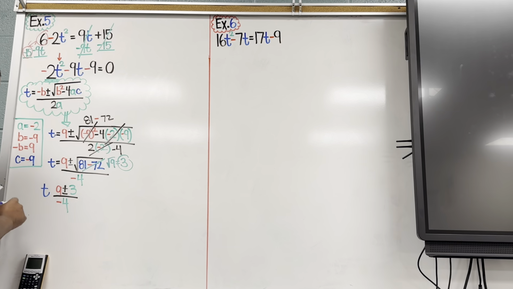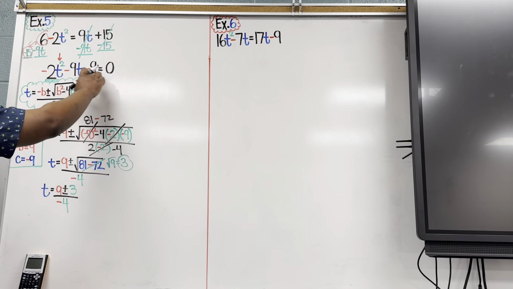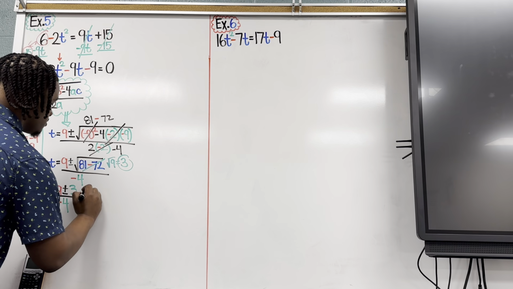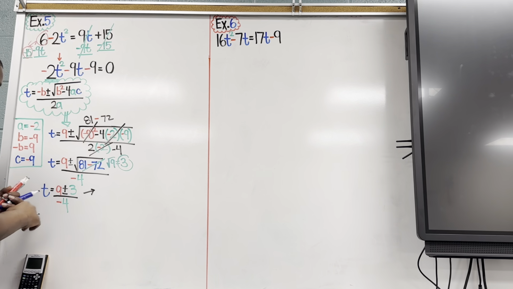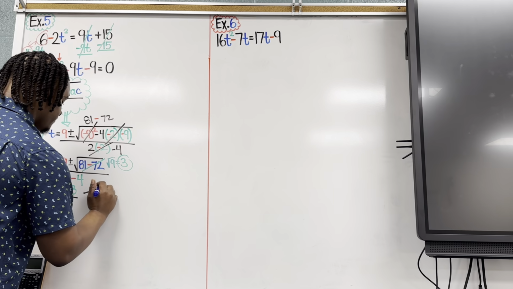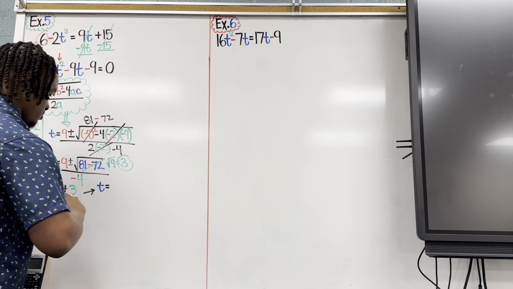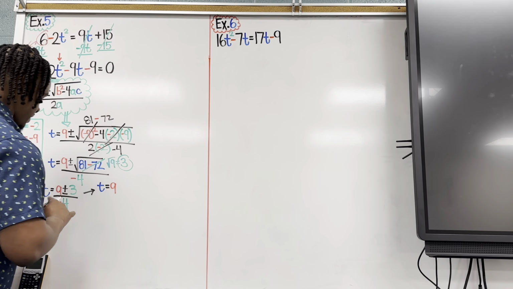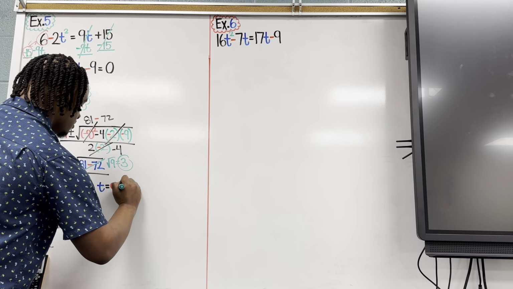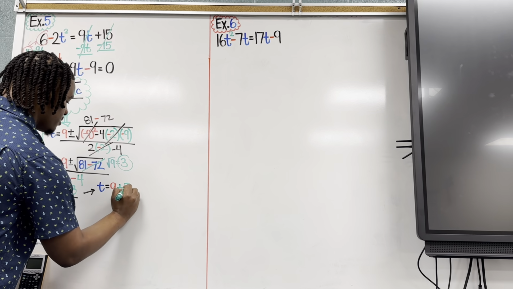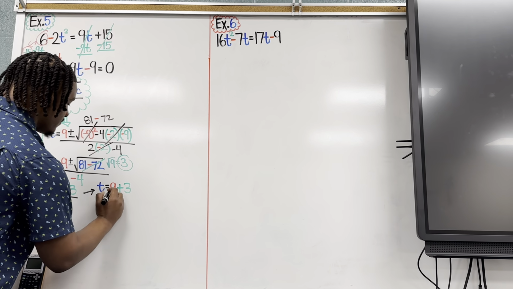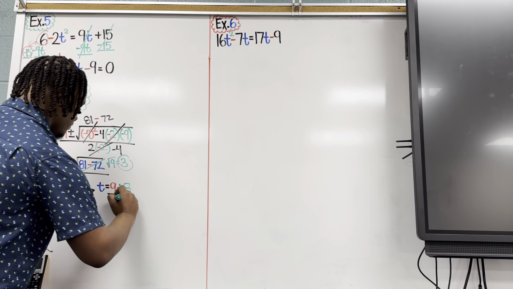Now we have 2 different operations which will give us 2 different values that t can possibly be in order to make this whole quadratic equation equal 0. So what we're going to do is find that out. In the first one, I'm going to have t equals 9 plus 3, all divided by negative 4.